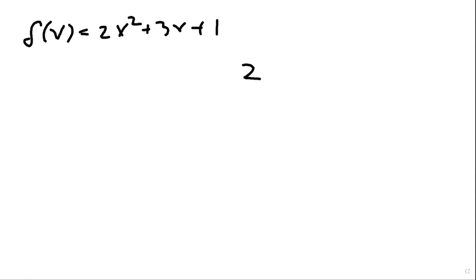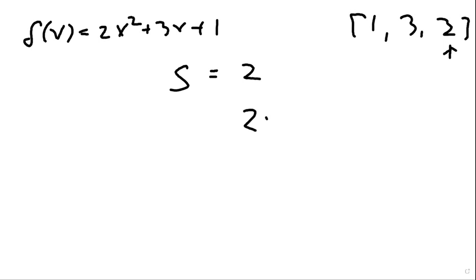Okay, so here is the equation I write: f of x equals 2x squared plus 3x plus 1. So you put in 2 there, and you actually go backward. It's 1, 3, 2, so you start from the last element. The last element is added to something called sum, right? The first one, you get that. The second one, you do sum times 2, and then plus 3, and you get another sum.